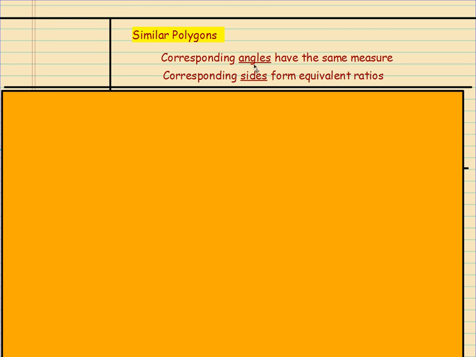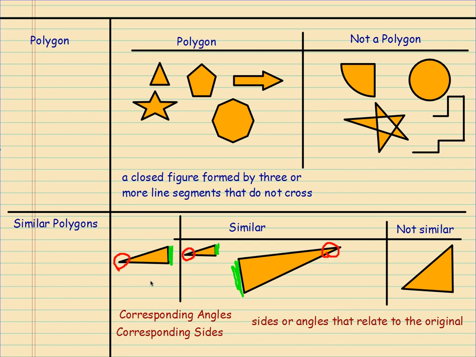Now what that means is that angles that match up, corresponding angles, they're exactly the same. And I'm going to show you by looking at, let's say the red one I circled here. I'm going to bring this down a little bit, and I'm going to take this triangle and show you that those angles will fit perfectly into each other. So we're looking at this one right here, and it's going to fit perfectly into this part.